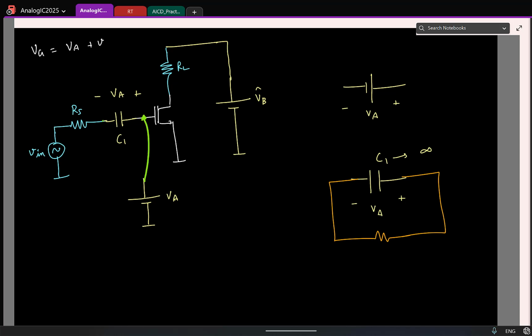The DC plus the small signal. So I can't directly go and connect it, right? But of course I have to connect it somehow because I have to charge the capacitor to VA. So what can I put in between? I mean something that makes sure that this node doesn't get shorted to it. What is the simplest element you can think of? You can put a resistor.